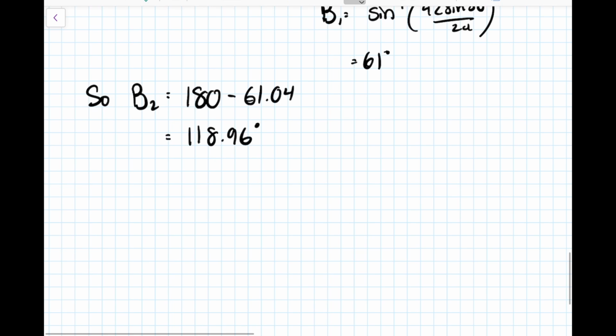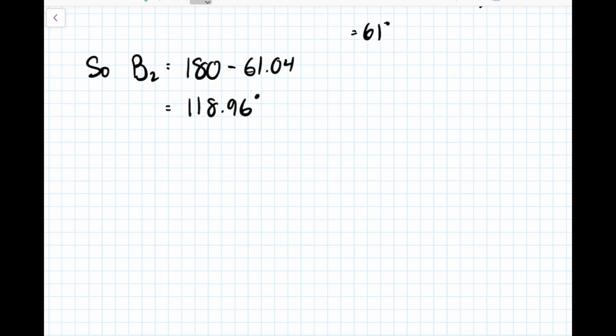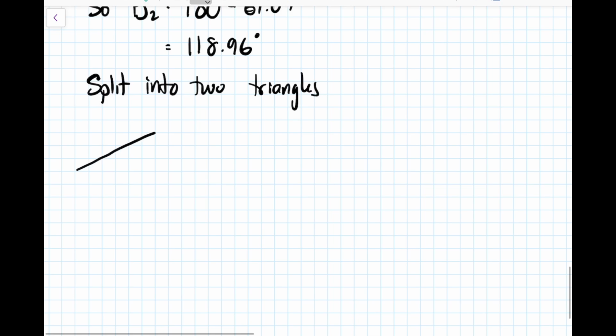All right, so we have figured out both values for angle B. So now we're going to split this into two triangles using those two measurements. So we've got our first triangle, which has that 30 degrees, has the 42, has the 24, and then it has this angle that we calculated down here of 61 degrees.